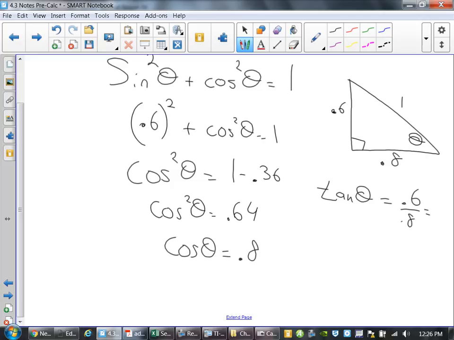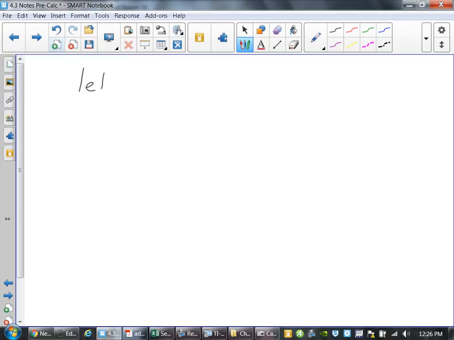Let's see. All right. Let theta be acute. A lot of times they put that little part in there that's making theta be acute, therefore you can use the right triangle.